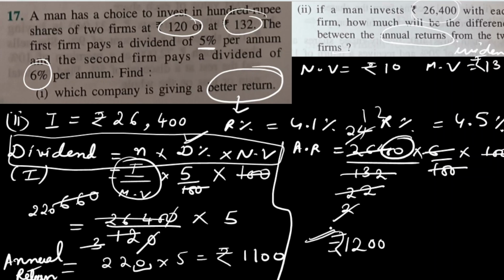This return is 1200 and this return is 1100. So what is the difference? You can do subtraction. The difference is 100 rupees. You can write in one sentence: the difference between the annual returns is rupees 100.